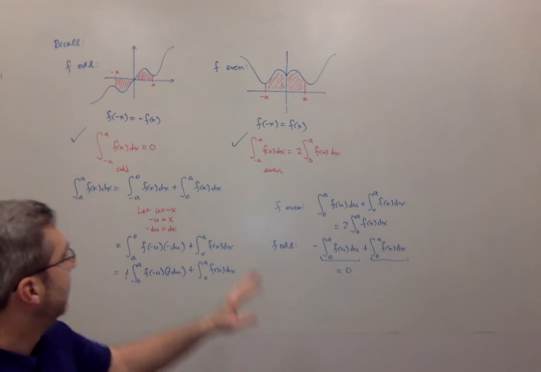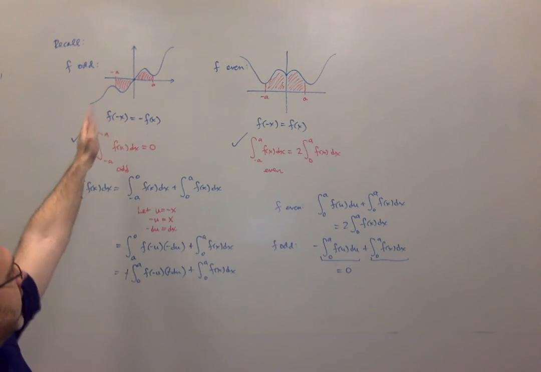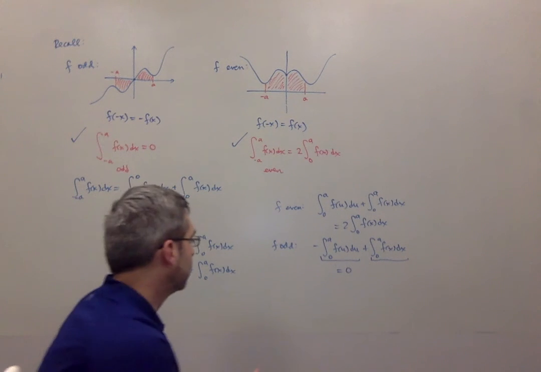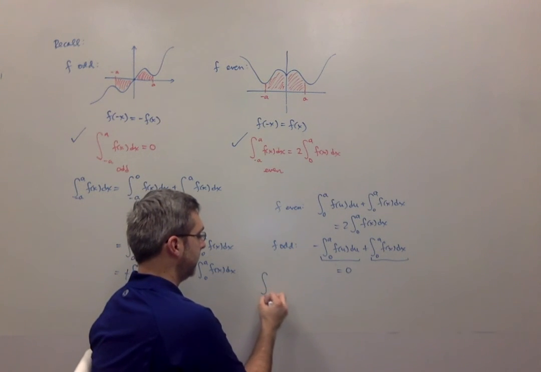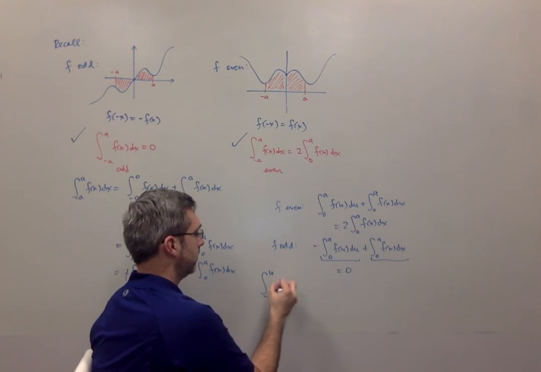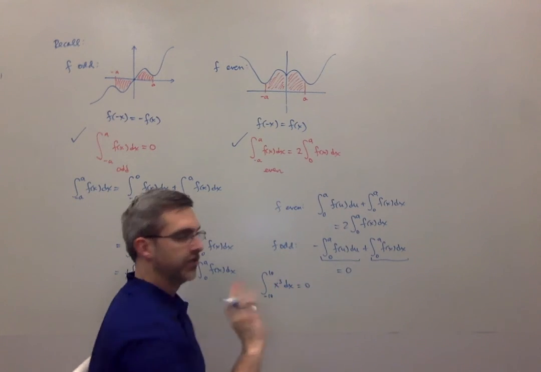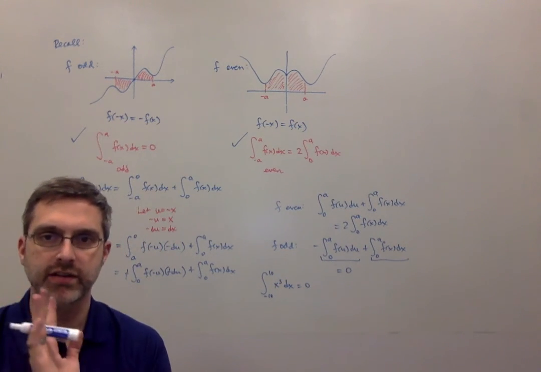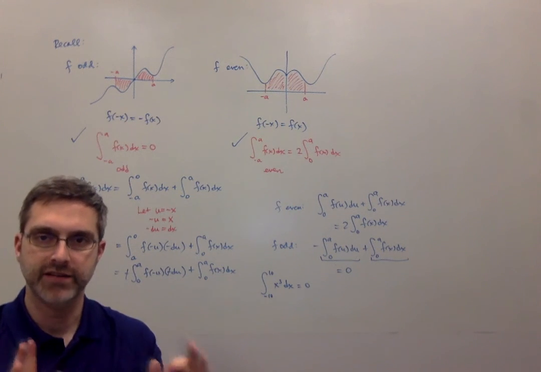So in the case of an odd function, if you're going from negative a to a, for instance, from negative 10 to 10 under x cubed, that's just 0. It's an odd function, and we're going from negative a number to positive that same number.